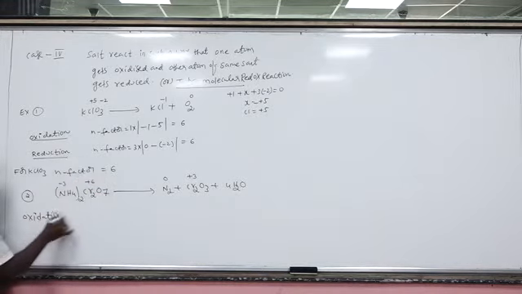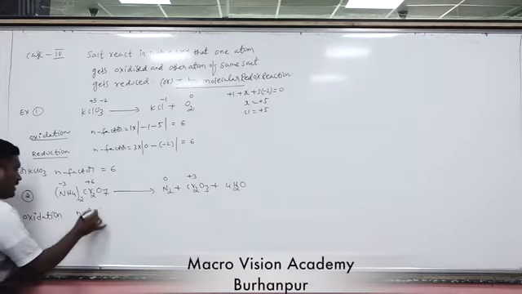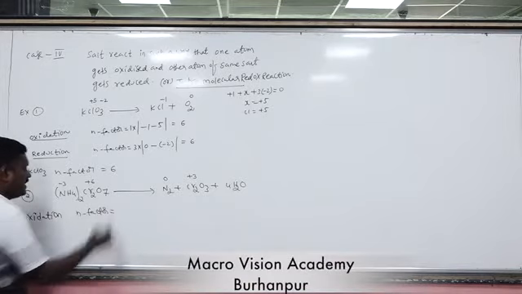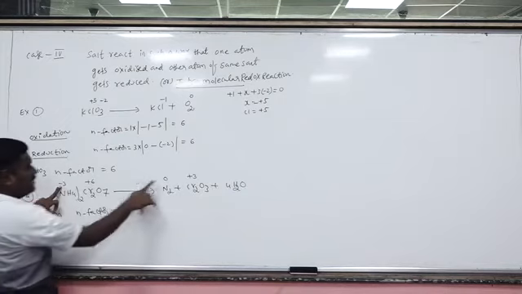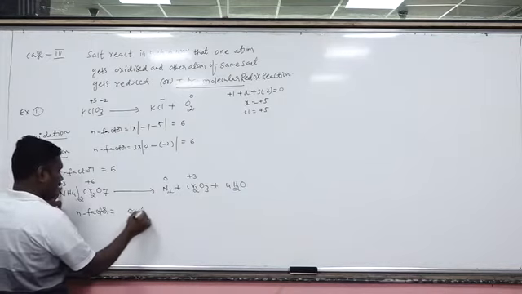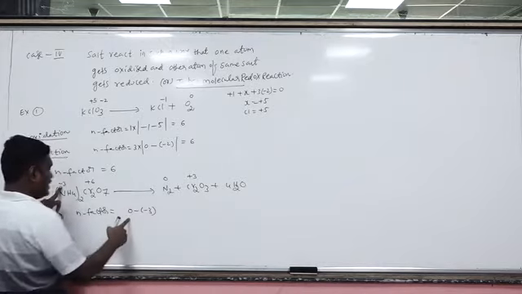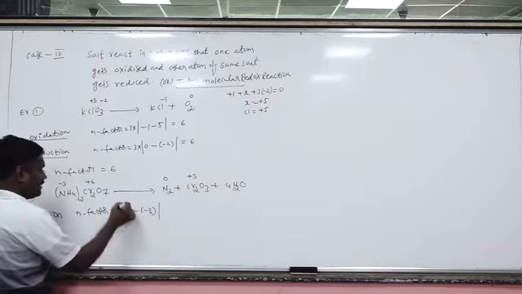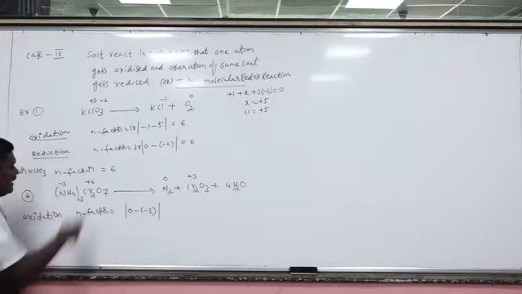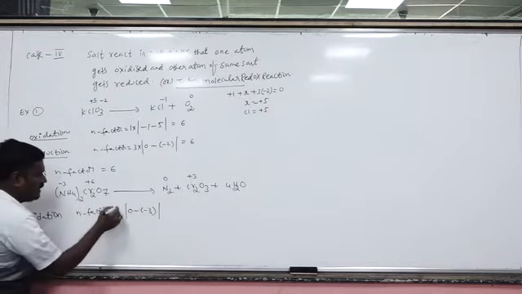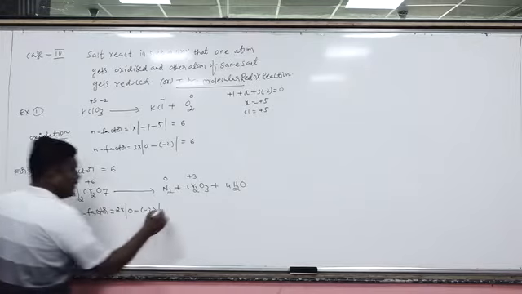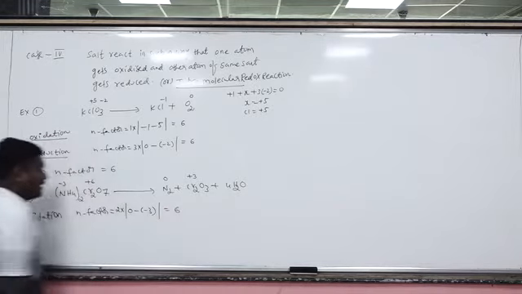In oxidation, nitrogen oxidation number changes from -3 to 0. So change becomes right side oxidation number minus left side oxidation number. Now tell me, in 1 mole of ammonium dichromate how many nitrogen atoms will be there? 2. So I am multiplying by 2. So 6 is the N factor.